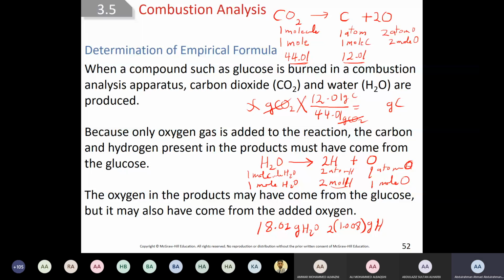And I don't care about the oxygen. If I have Y gram H2O, how can I tell how much hydrogen is in it? What should I do?